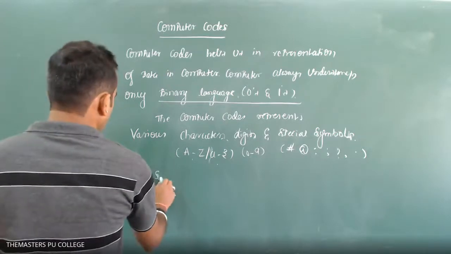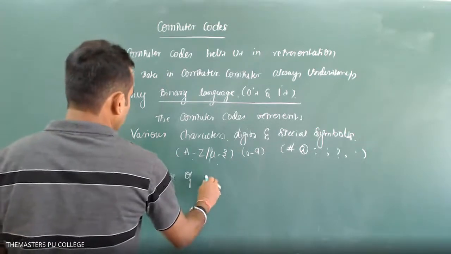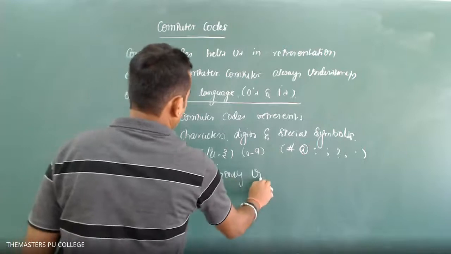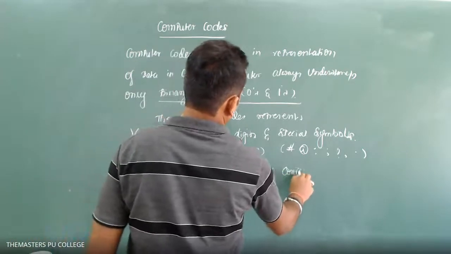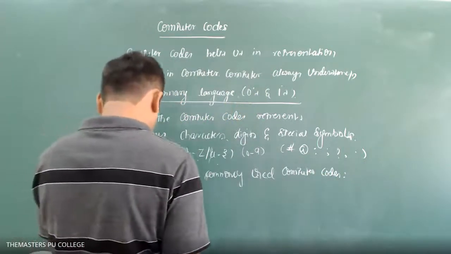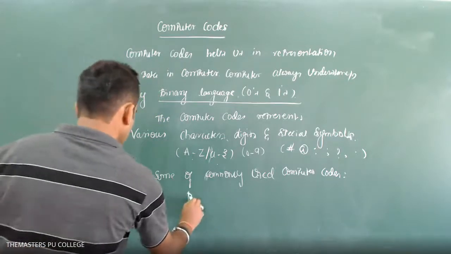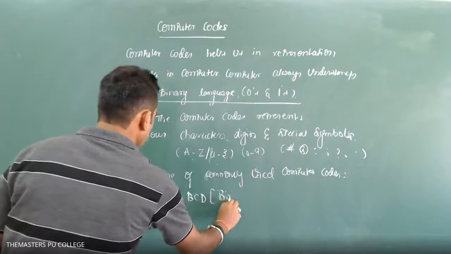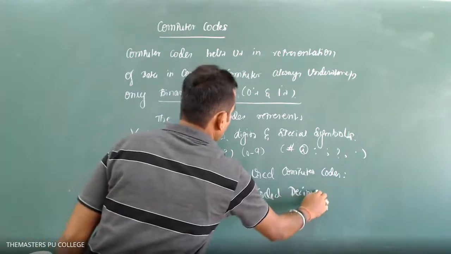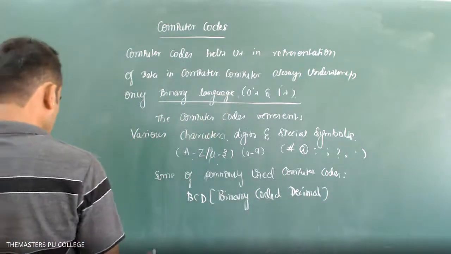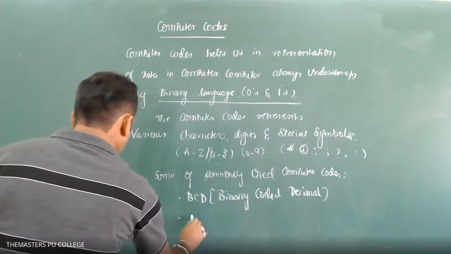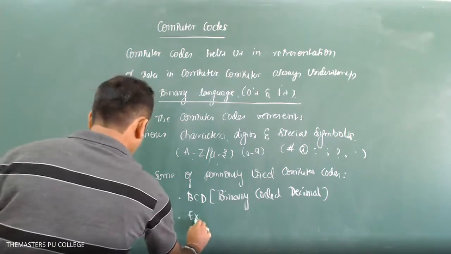Some of the commonly used computer codes are: first, BCD, binary coded decimal. Next, XS3.